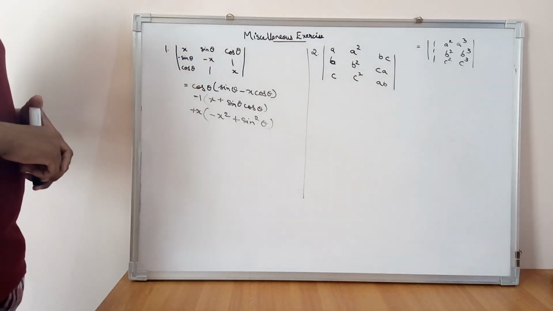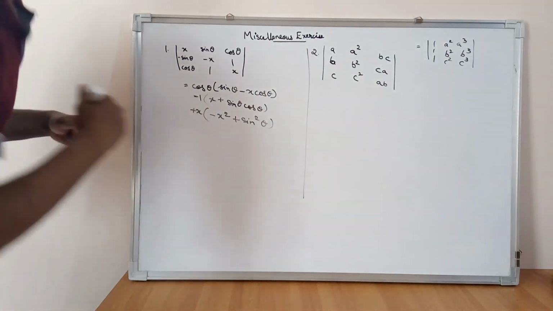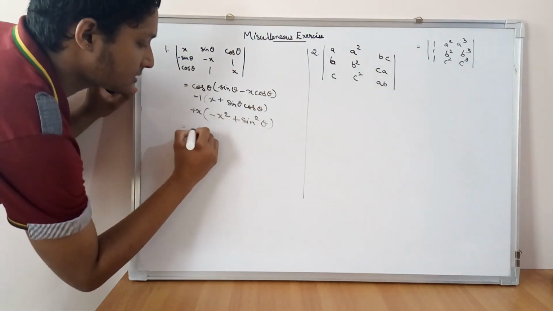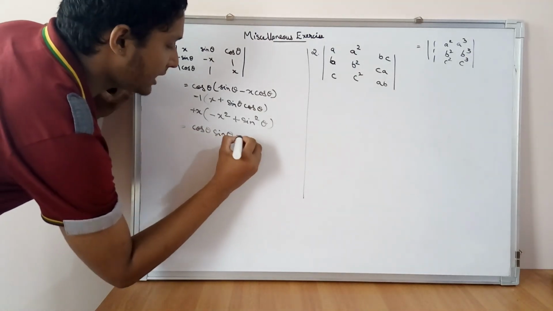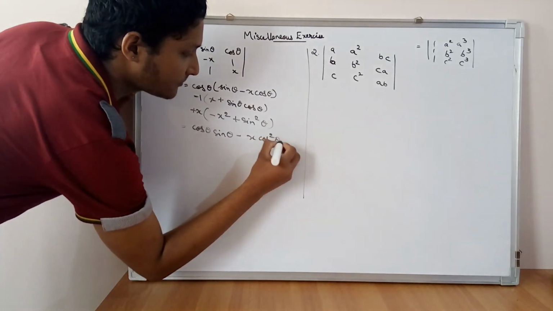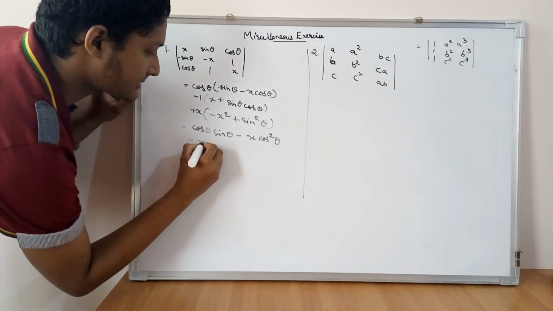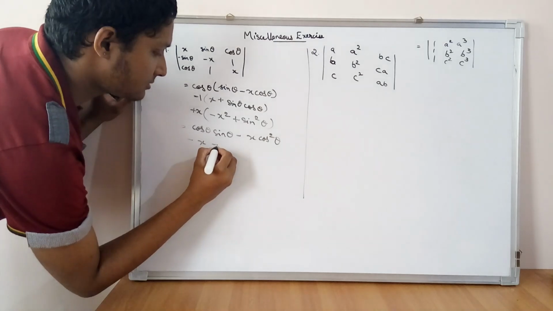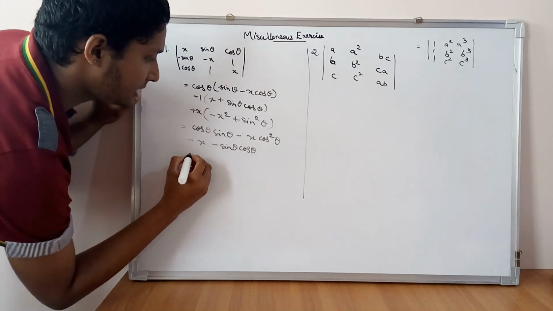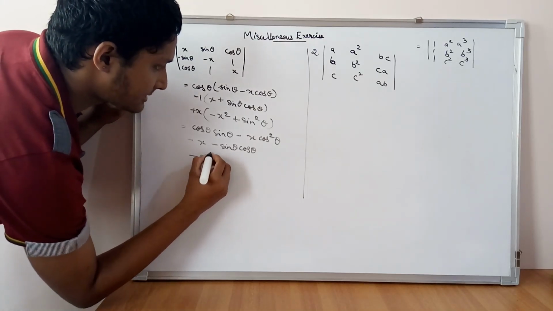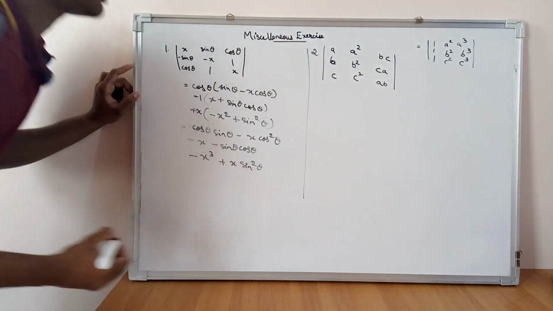So the remaining part of this question is just to go on simplifying this line. So this is cos theta sin theta, then you have minus x cos square theta, then minus x, then minus sin theta cos theta, then minus x cube plus x sin square theta.